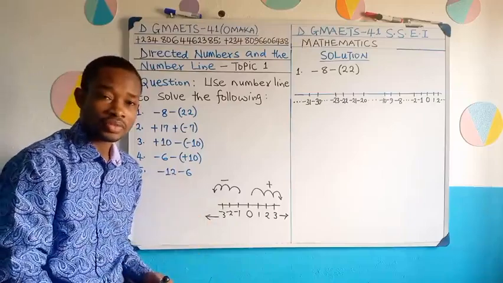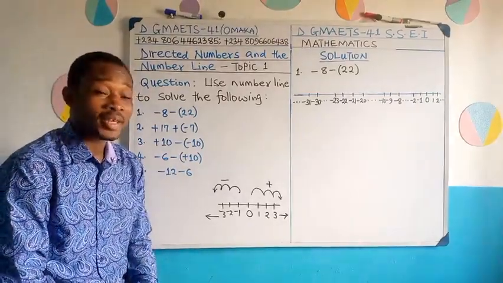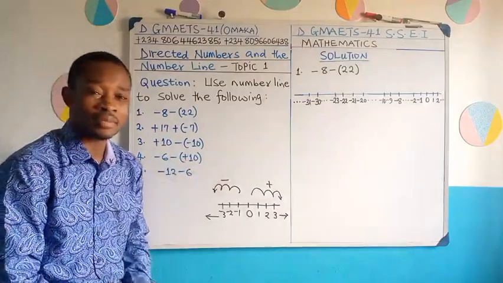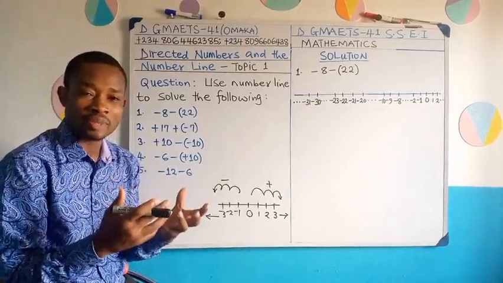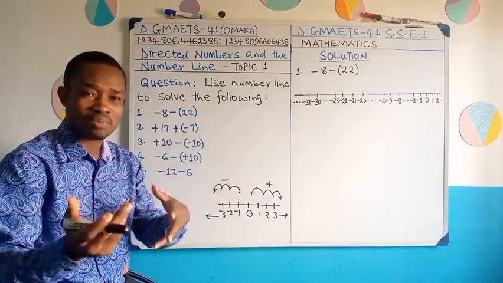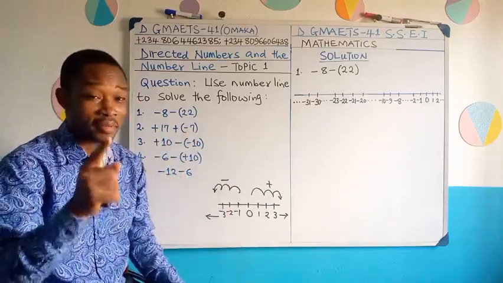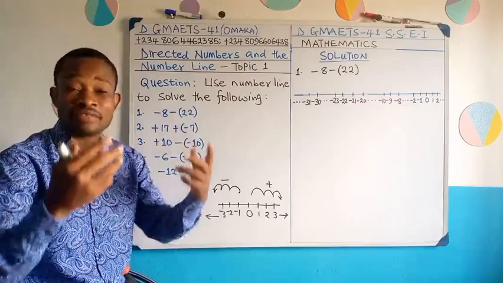Alright, having said that, another important thing you're expected to know before you can solve questions on directed numbers using number lines is sign arrangement. Mathematical signs like plus, minus, when you have times between them, what are you going to get? Remember, directed numbers are numbers that have direction.